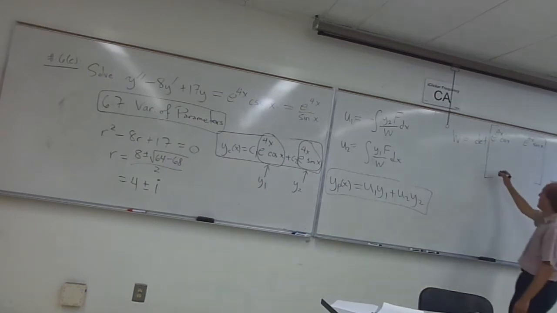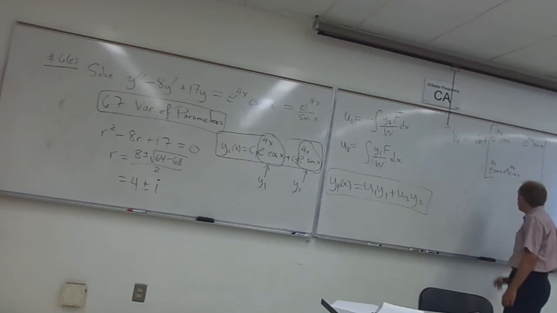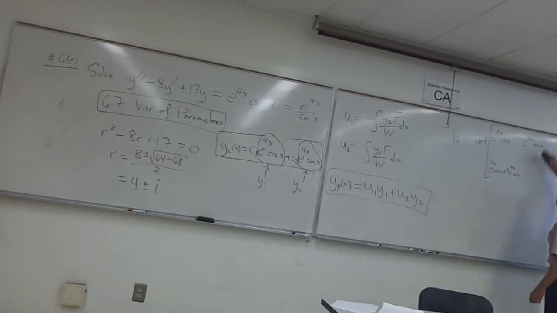So I get negative e to the 4x sine x plus 4 e to the 4x cosine x. The second one will be e to the 4x cosine x plus 4 e to the 4x sine x.